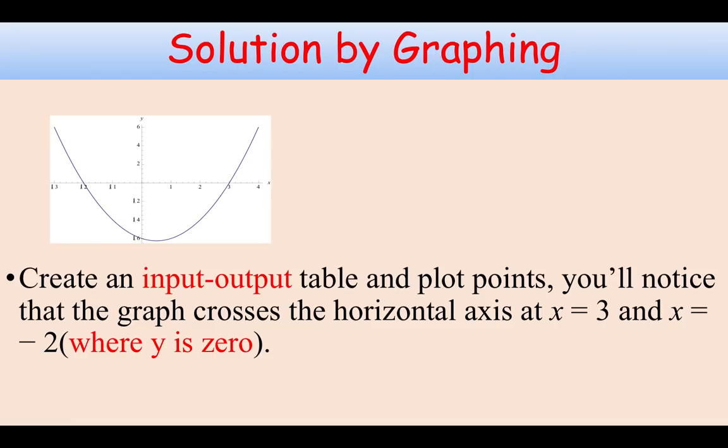You could graph using a graphing calculator, or you could create an input-output table, plot the points, and then you'll notice that the parabola crosses the x-axis at x equals 3 and at x equals negative 2. Again, that's when the y value is 0, because there's no movement on the y-axis. It's where the x-intercepts are.